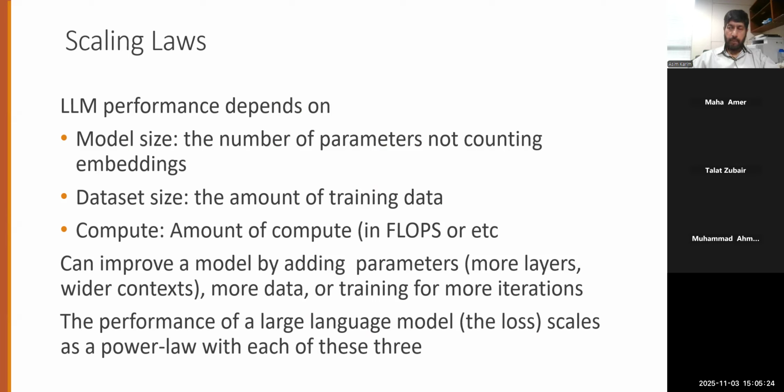Of course, there are other issues as well, but the idea that we want to discuss here is how the performance of a network varies when we vary these parameters. Let's say we increase the number of parameters, what happens to the performance of the network? If we increase the computational cost, meaning we run it over more epochs, what happens to performance? Or if we take more data, what happens to performance?